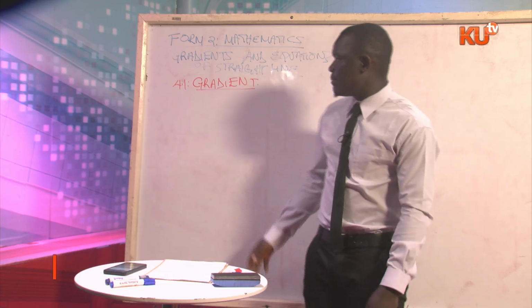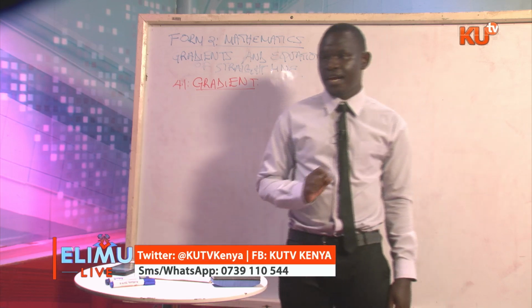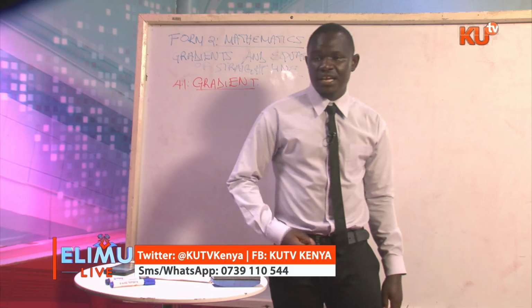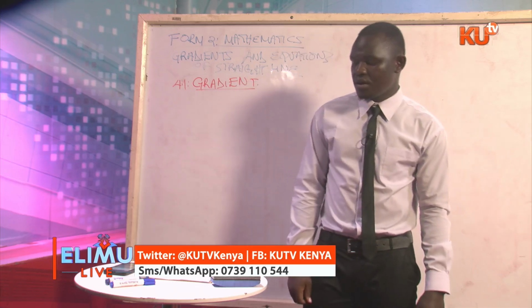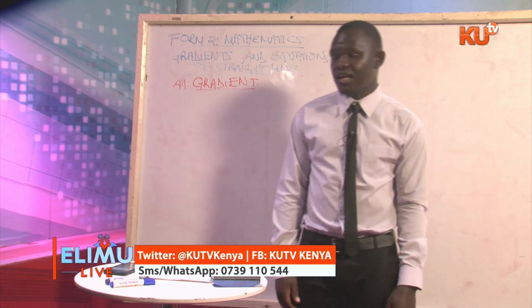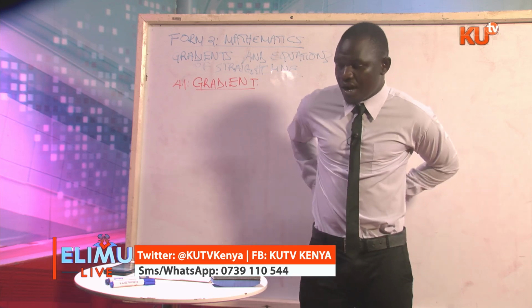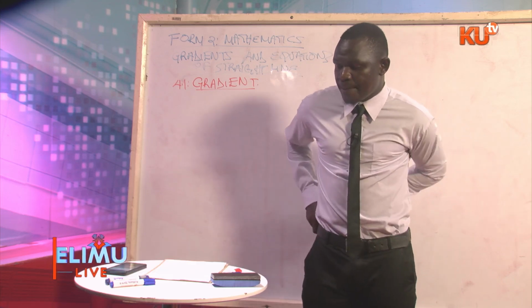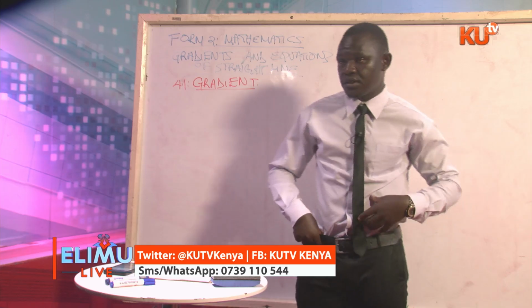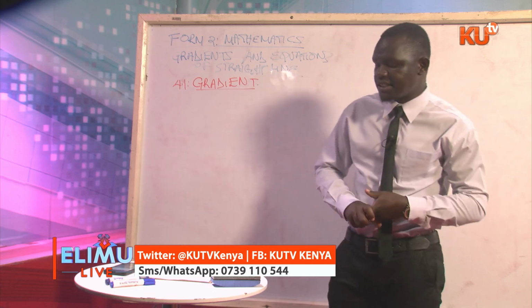Now, maybe before I literally tell you what a gradient of a line is, I would like to give you a real life case scenario of workers. Maybe we call them builders. These builders sometimes have to lift their loads to some certain heights.